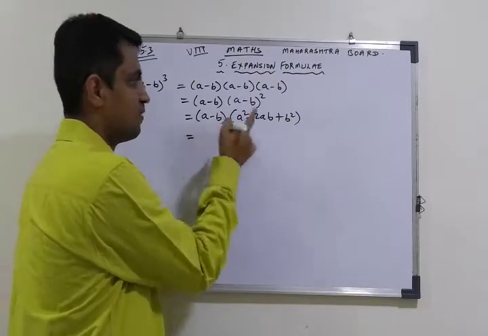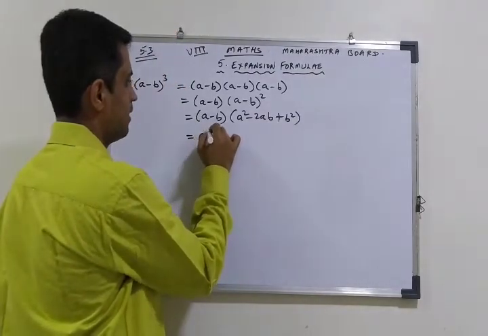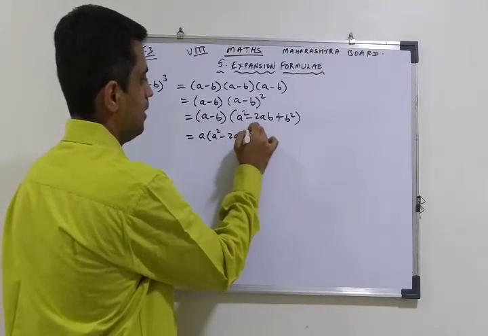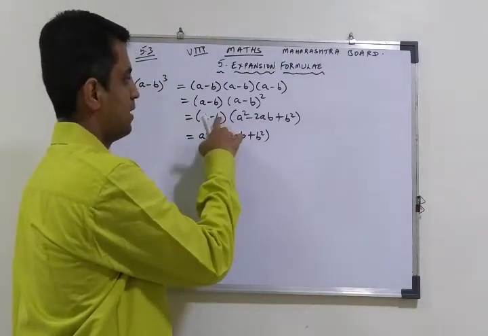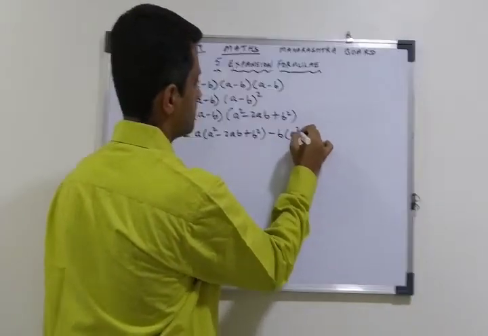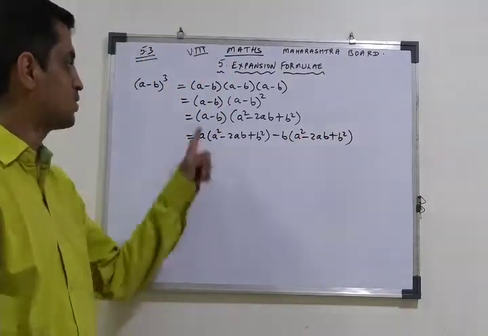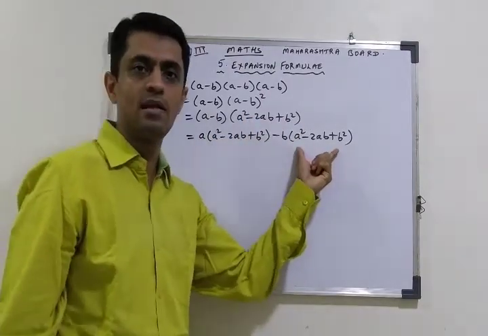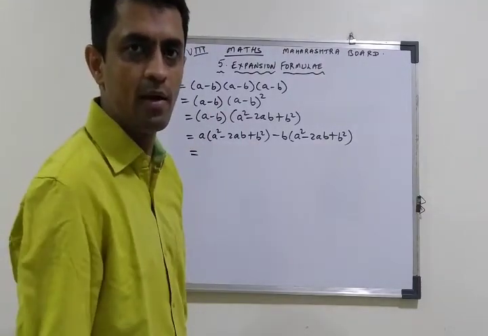After this, we will expand this. Means we will multiply this a by this bracket, a into a square minus 2ab plus b square, and then we will multiply this minus b by this bracket. So a into this bracket and then minus b into this bracket. Is it clear? Okay. Now a into a square is a cube.